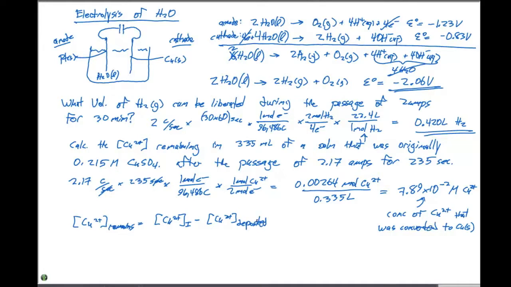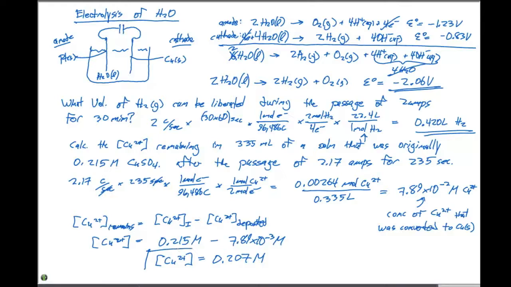So the copper 2+ solution that's going to remain is going to be equal to our initial concentration, which is 0.215 molar, minus 7.89 times 10 to the minus 3 molar, and that's going to give us a copper 2+ concentration that's going to be equal to 0.207 molar.